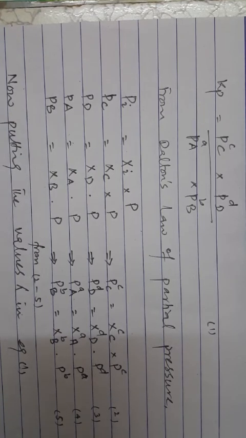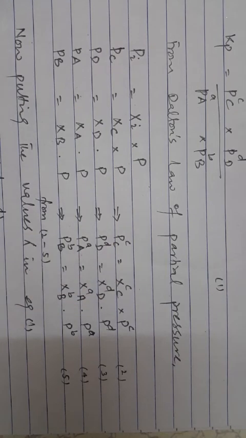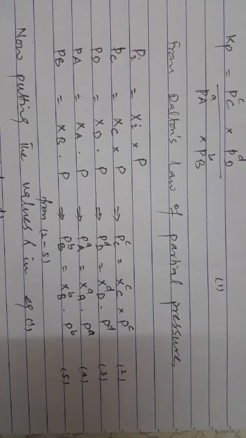But we have to calculate the values of partial pressure of C power c. When we put the power on the left side, we have to put the power on the right side also, meaning we put the power on both sides. Partial pressure of C power c will be equal to mole fraction of C power c into pressure power c.